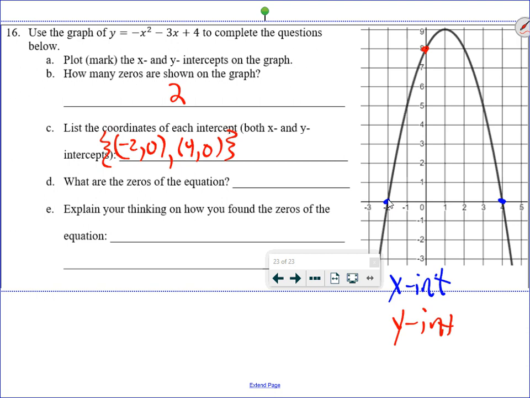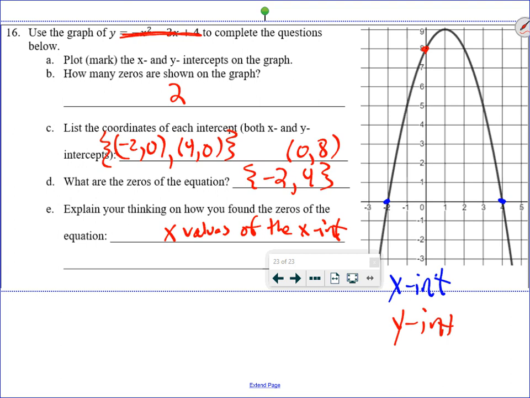The zeros, and then the y-intercept is 0, 8. I don't think this is the equation of that graph, but we'll deal with that later. The zeros, therefore, are -2 and 4. And once again, the x values of the x-intercepts are the zeros.